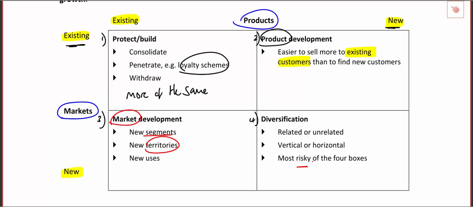Now, the good thing about this is it could be potentially very lucrative. Could be lots of return associated with that. But as we know, high return normally means high risk as well. So the fact that we don't really know about the market, we don't really know about the product, we don't even know if it's going to be a successful product, that obviously means that there's a lot of risk for us to face. When we move on to chapter 5, in fact, we'll start thinking a bit more about risk.